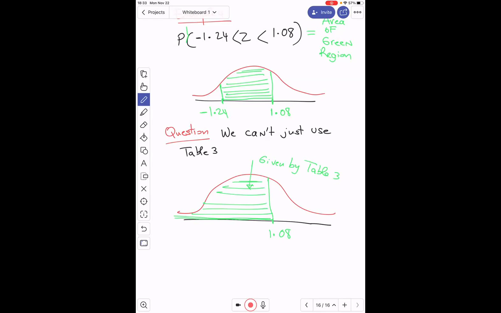Then I have my negative 1.24, and the area to the left of negative 1.24 is also given by the table.